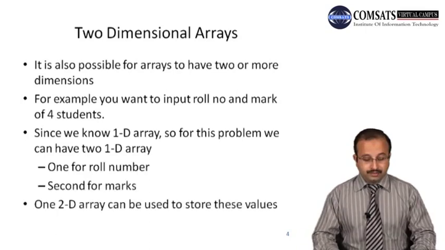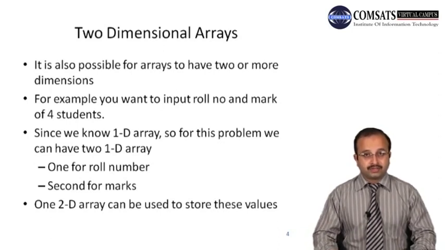And it is also possible to have a two-dimensional array that can be used to store these values. We will have only one array that is storing both these values, and that array is the two-dimensional array.